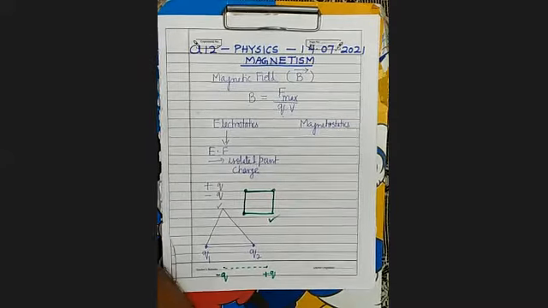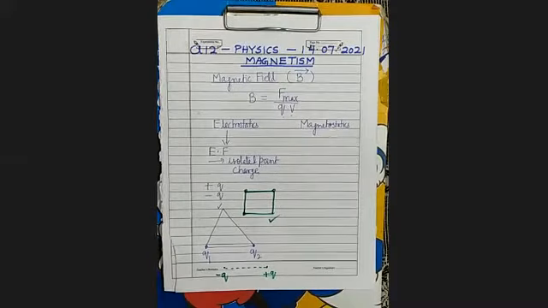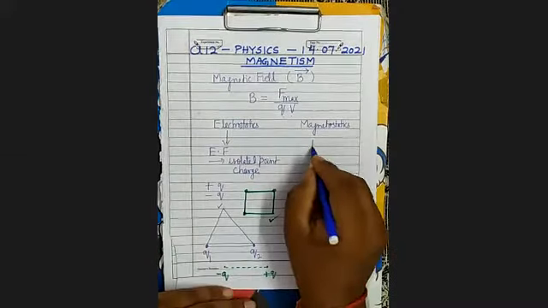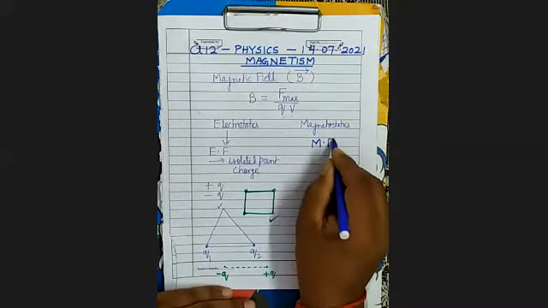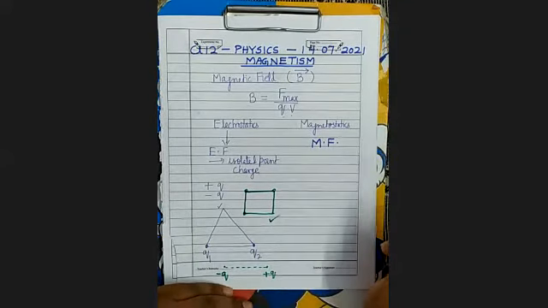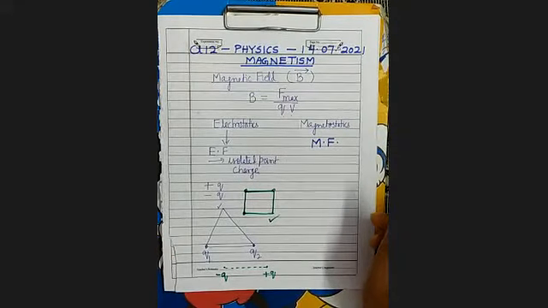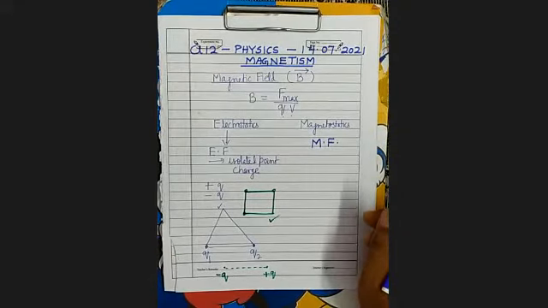But in magnetostatics, what is the smallest entity which produces magnetic field? It is not the magnetic north or magnetic south pole.